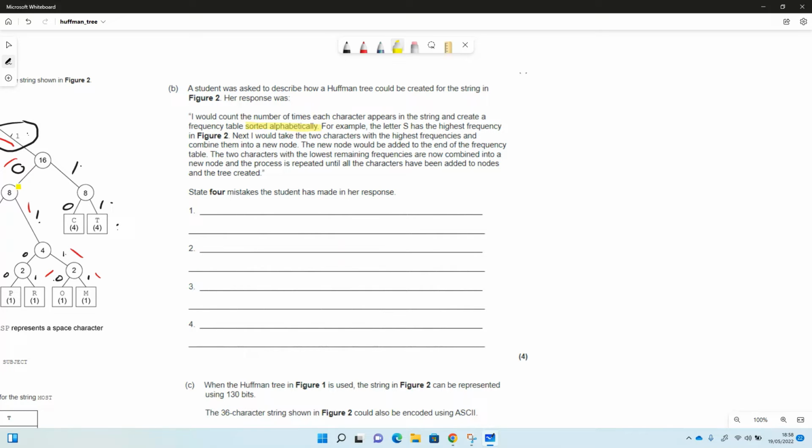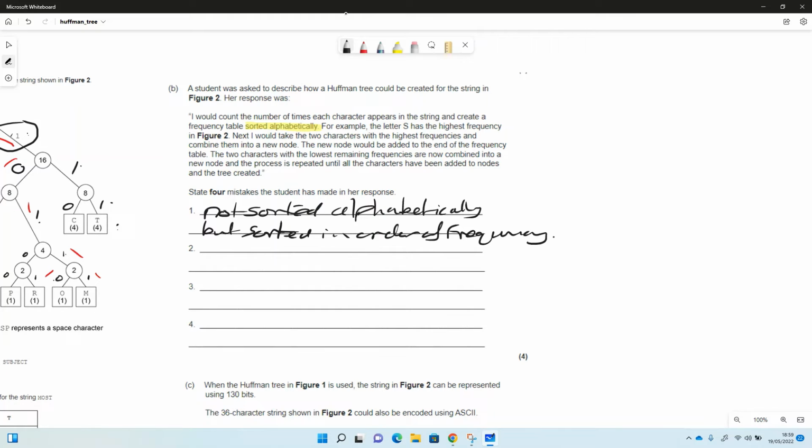So the first one we should say is not sorted alphabetically, but sorted in order of frequency. And that's definitely the first mistake that's been made.